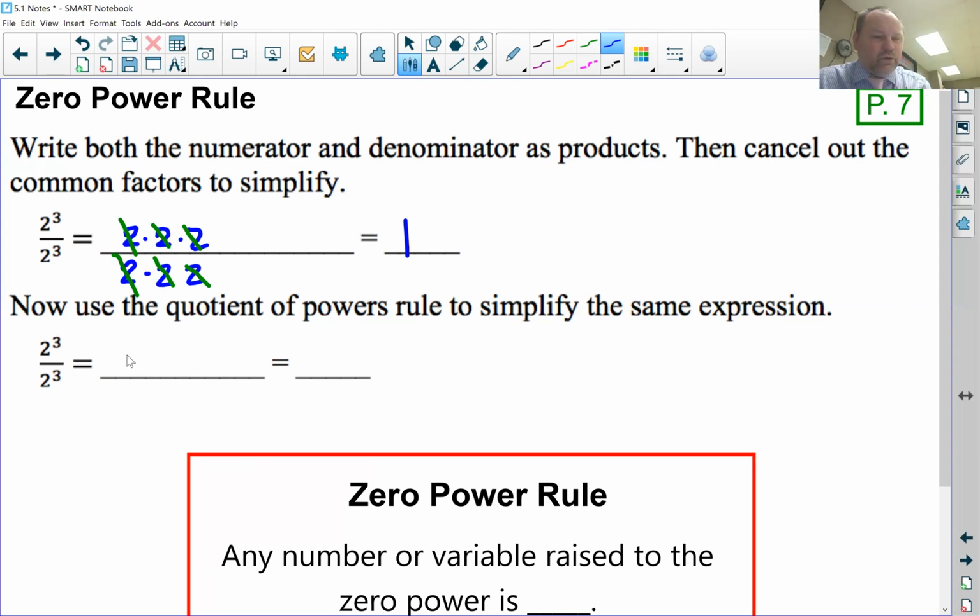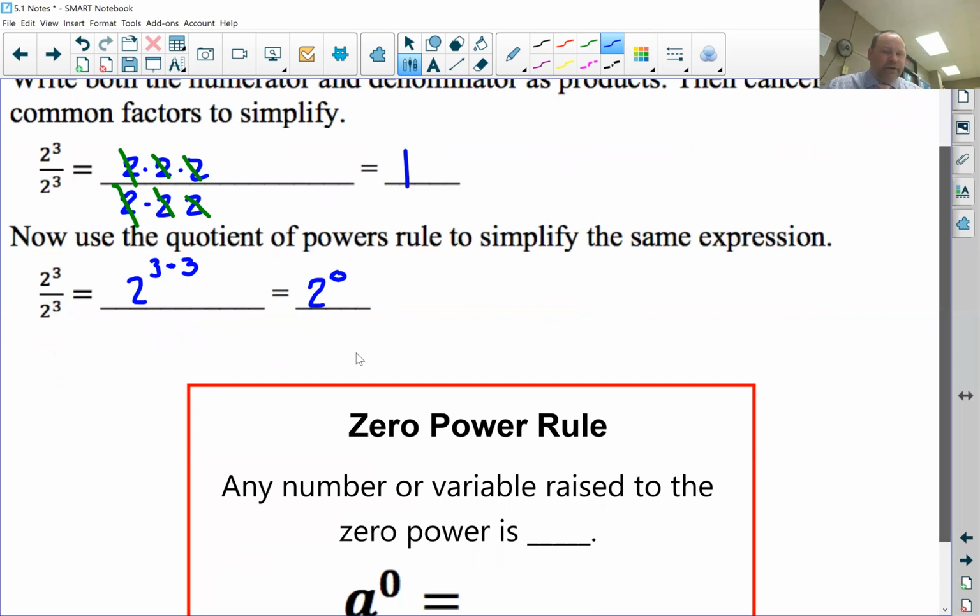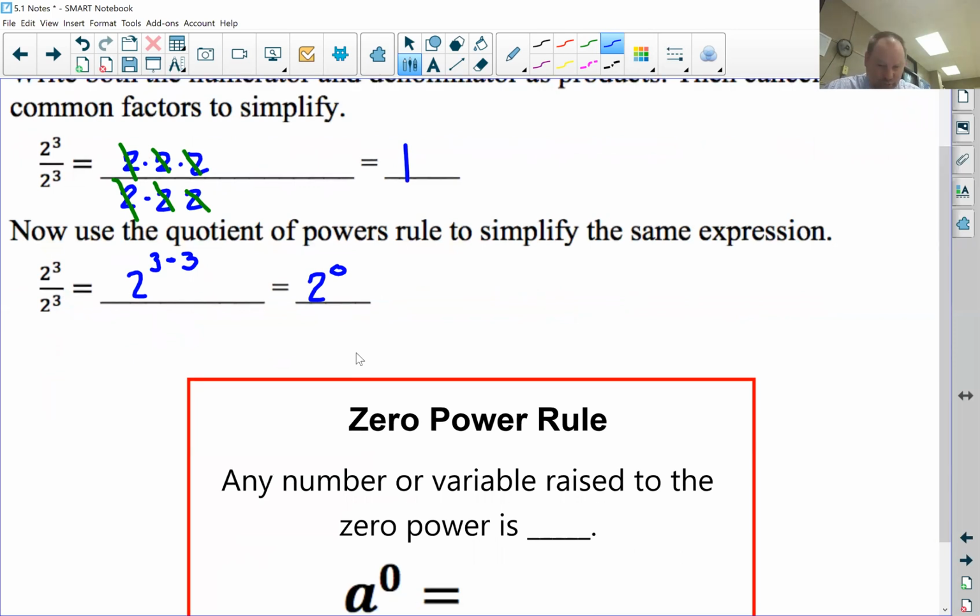If we use our quotient of powers rule, where we subtract exponents, as an expression with an exponent, 2 to the third divided by 2 to the third is 2 to the 0 power. And so any number or variable raised to the power of 0 is 1.